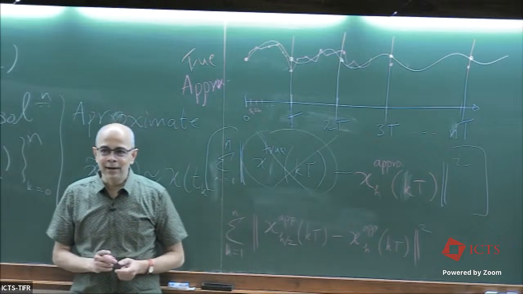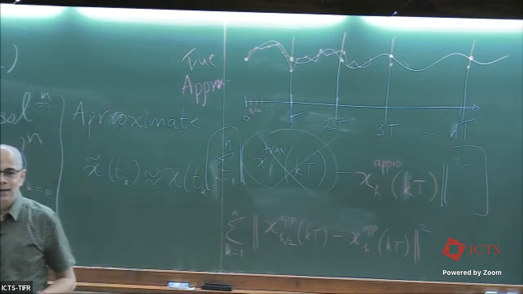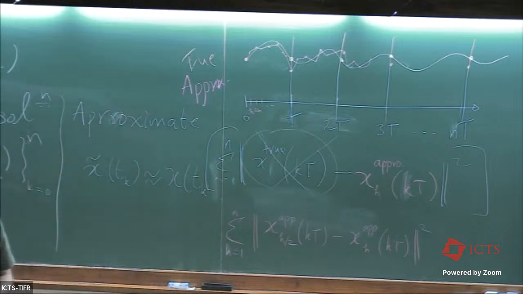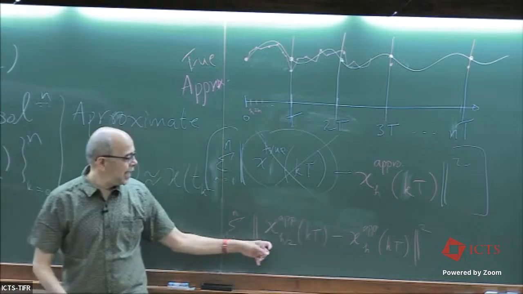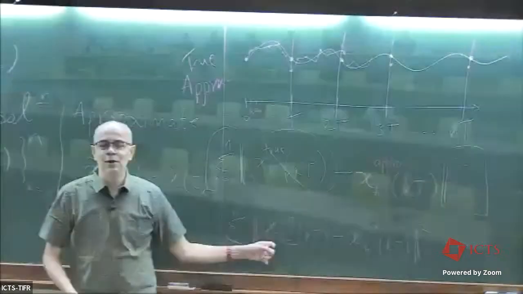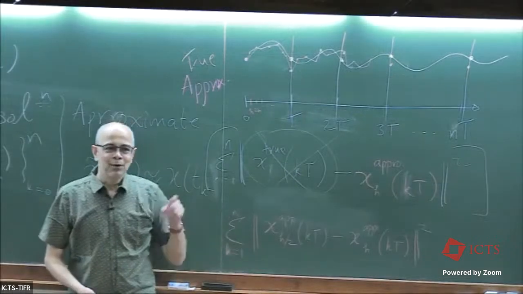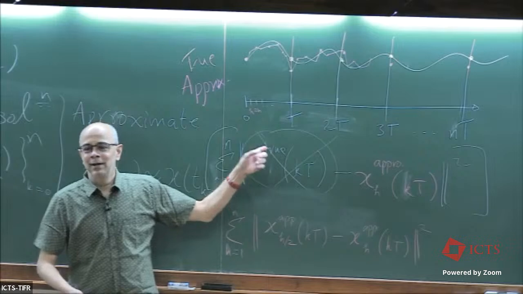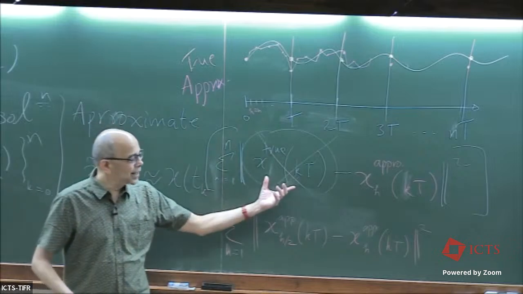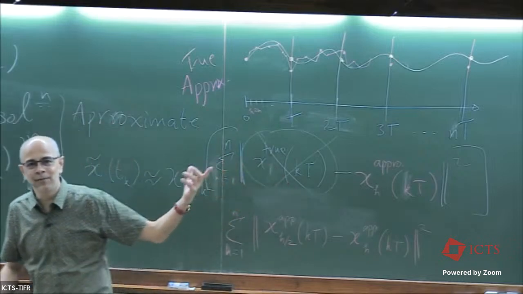That is, as the step size becomes smaller and smaller, we get a better and better approximation. The correct thing to say is that as h decreases, this is essentially a Cauchy sequence. Because a Cauchy sequence in this case would be convergent, there is a limit, and the limit will be the true solution we want.